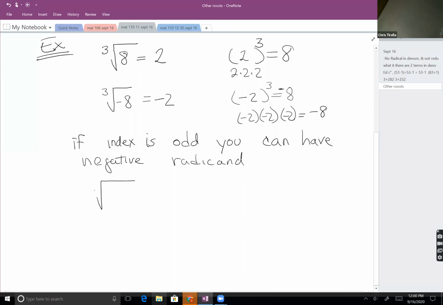So what if I ask for the fourth root of 81? Is there a number that I can raise to the fourth power and get 81? Is there a number I can multiply by itself 4 times and get 81?